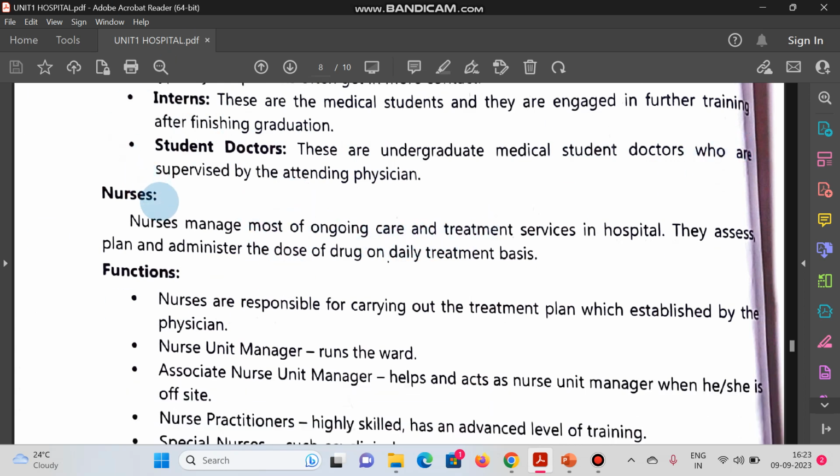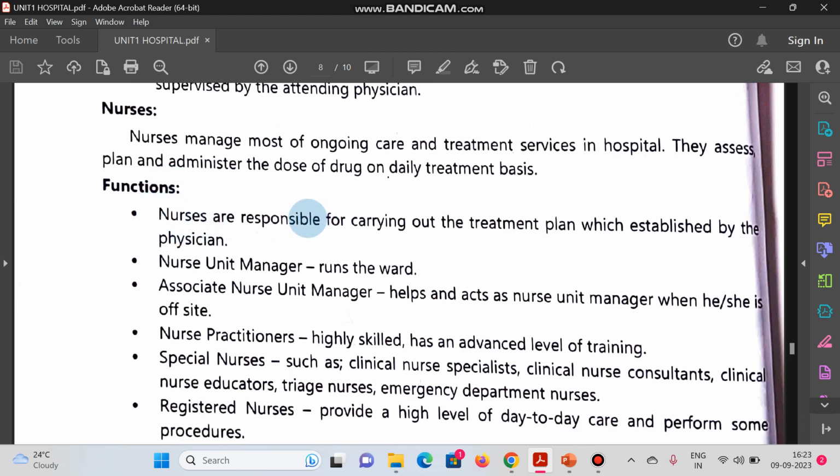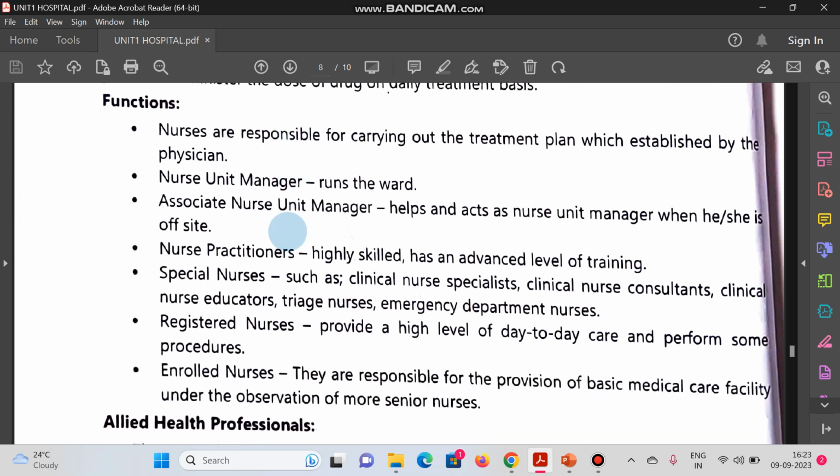In the next category, we have nurses. Nurses are majorly responsible for carrying out the treatment plan established by the physician. We have the nurse unit manager, who runs the ward, and of course the associate nurse unit manager, who is also there to help and assist the nurse unit manager. We have the nurse practitioner, who is highly skilled and has an advanced level of training.